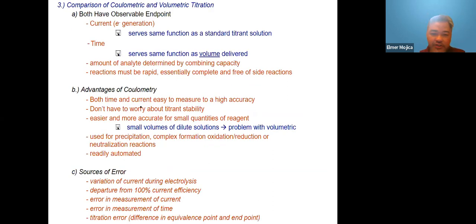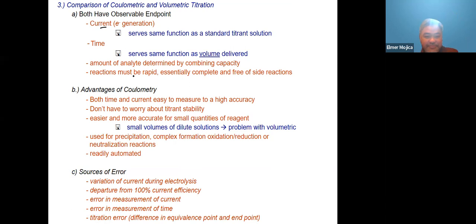Now, if we're going to compare this thing with the typical titration that we have, we could say there's some common denominator on them. Okay, so there's what we call the current, which is electron generation. So it serves as the function of the titrant solution.